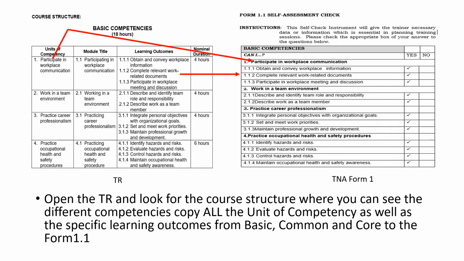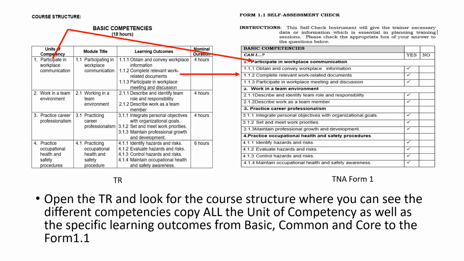And after copying the unit of competency, for example, the first one, you can see here in your course structure on the table, aligned with the first unit of competency, which is participate in workplace communication, refer to the learning outcomes, just copy again the specified learning outcomes. So in my case, based on my TR, I have here 3 learning outcomes. So you will just copy it here.